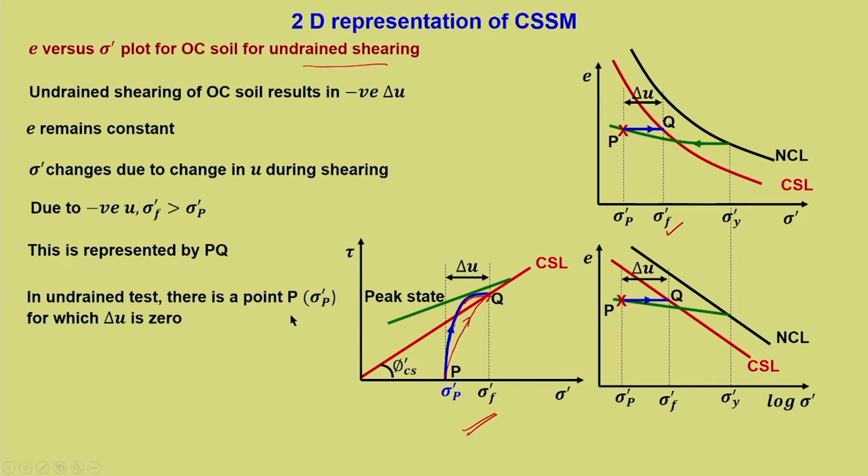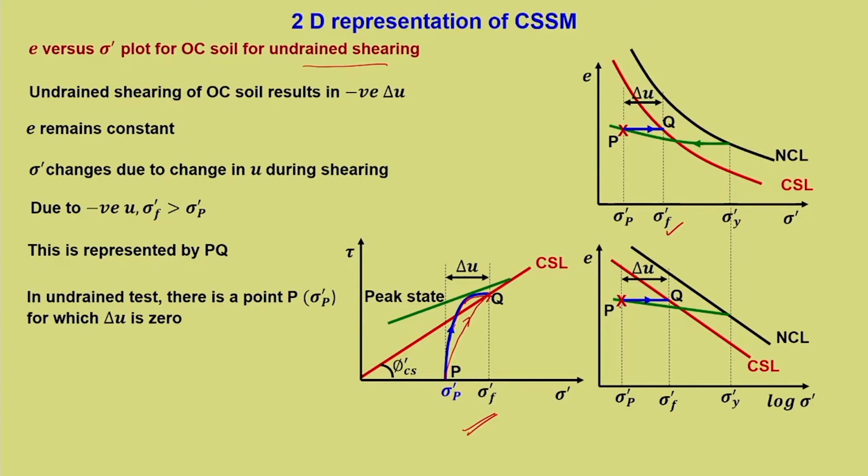So, in undrained there is a point P for which delta U developed will be 0, because it is moving from positive to negative. So, there can be a situation where positive goes to 0. So, the final excess pore water pressure is close to 0. So, that is what it means.